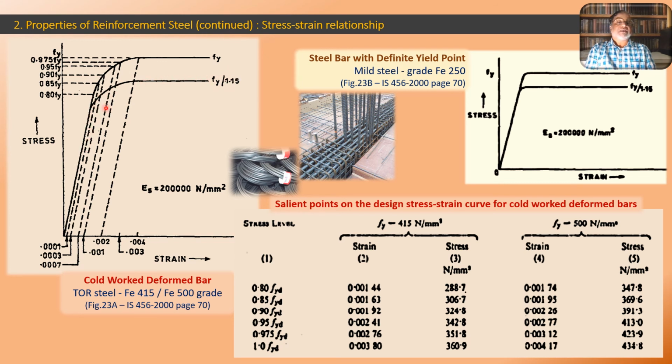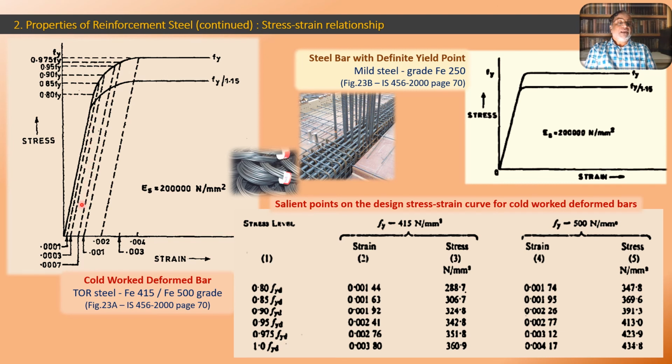This is the design strength of steel for calculation purpose. So just as we had got Fd for concrete, here this is Fd for steel. It is Fy upon 1.15, which will amount to 0.87 Fy.